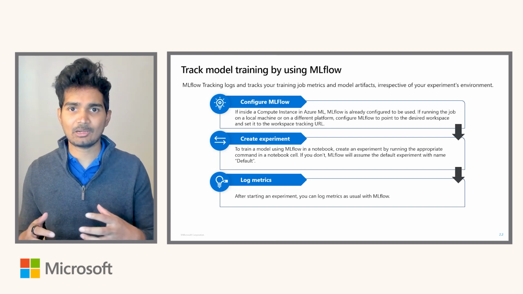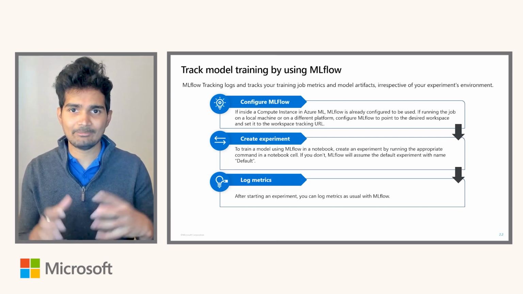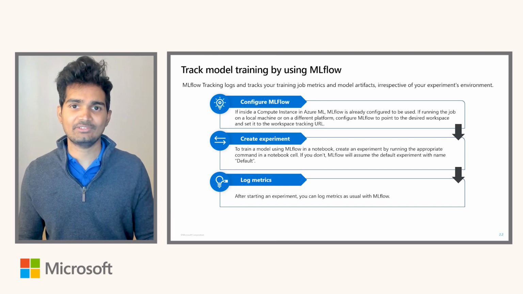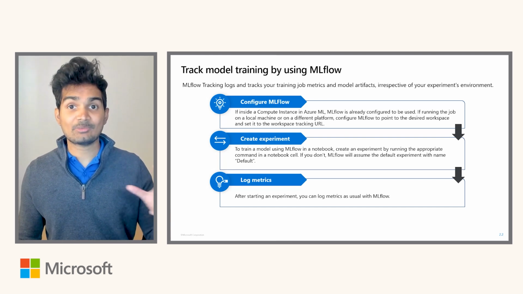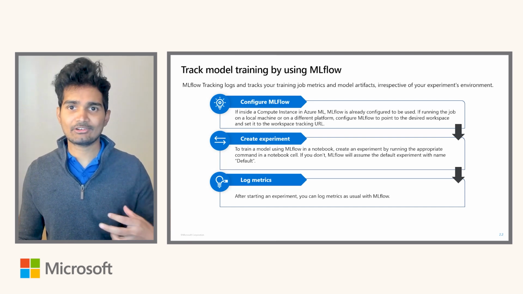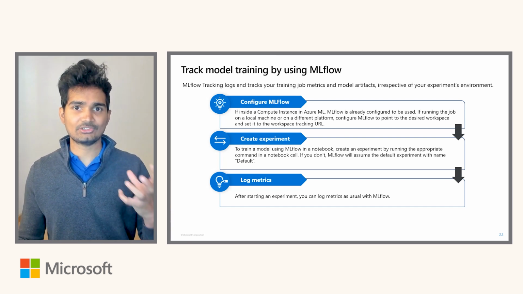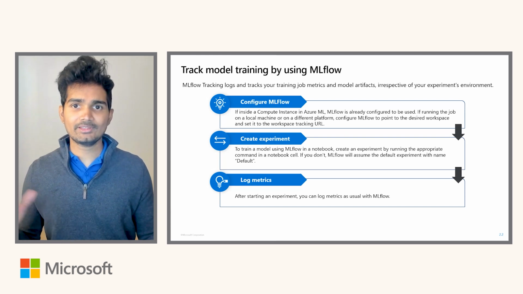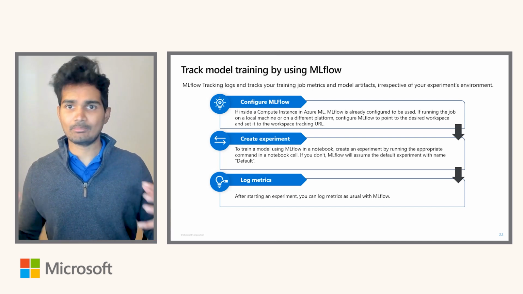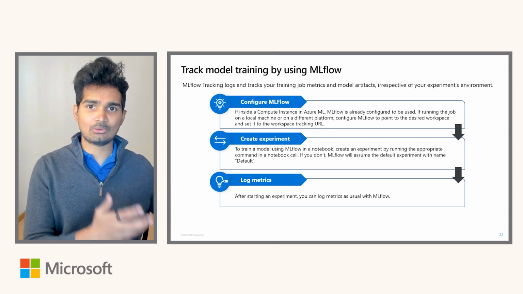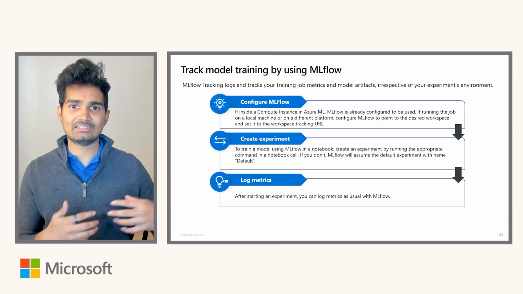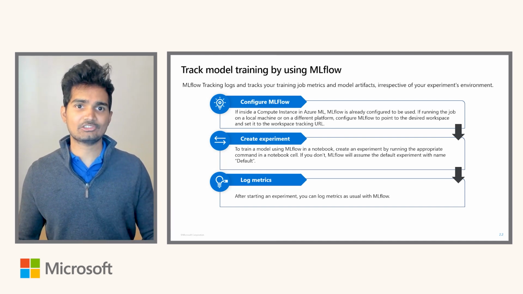Creating a specific experiment helps in organizing and managing your experiments more effectively. Once the experiment is started, you can log metrics such as accuracy, loss, and other relevant metrics using MLflow. Following these steps ensures that your model training process is well organized and all the necessary data and metrics are properly tracked.